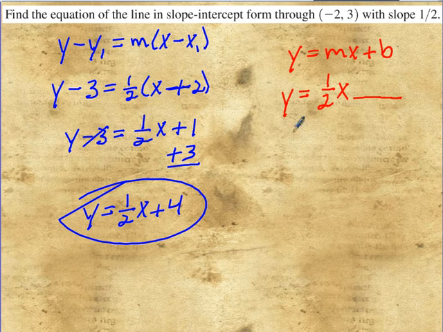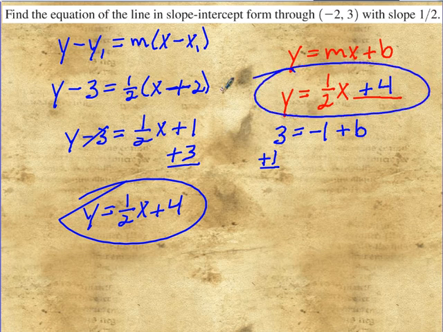So when I plug those in, y is 3. When you multiply 1/2 times x is -2, 1/2 of -2 is -1, and you're looking for what b value is there. Solve that one step. Turn -1 into +1 as you move it over, and you get +4. Same answer. My b value is 4, so go back and put 4 where your b is. y equals 1/2 x plus 4, same answer either way.